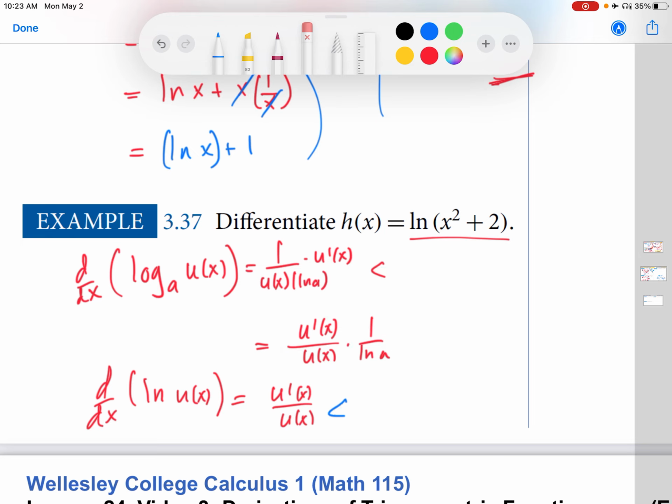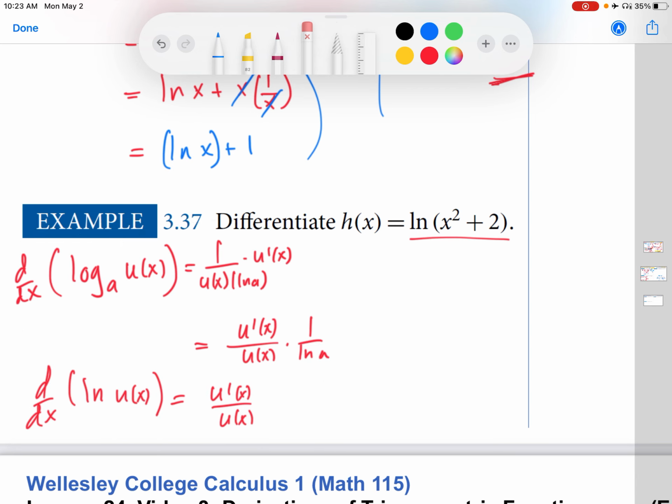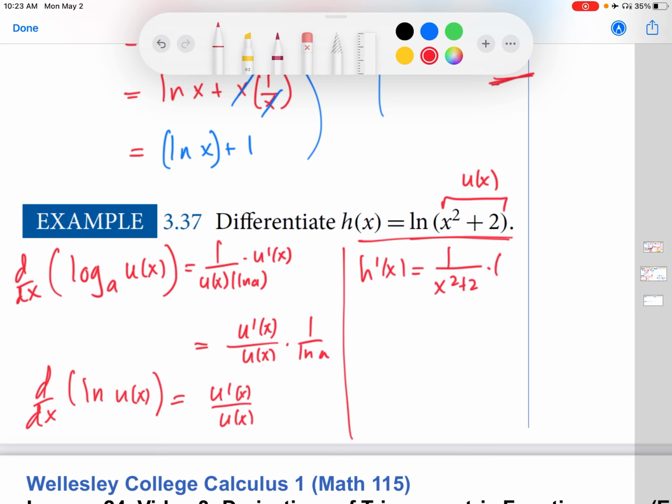So that's kind of the nicer way to write this rule because it gives you that insight. So let's go off then and apply it to this example. I'm going to move things over, give us some space. Okay, so applying it back to this example over here, this entire function here is u of x, x squared plus 2. So my derivative, h prime of x, is going to be 1 over u of x, 1 over x squared plus 2, times the derivative of u of x, x squared plus 2 prime.